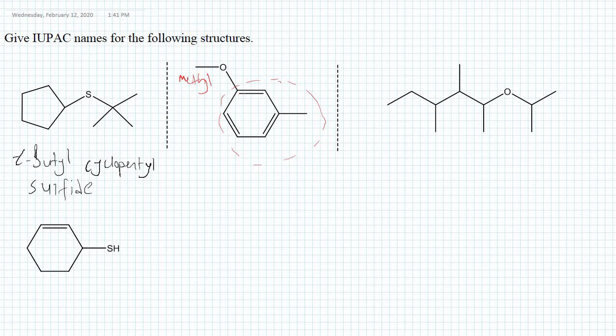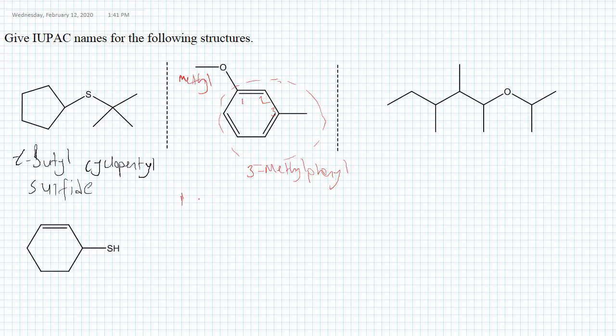So this is the first carbon, second carbon, and third carbon. Let's write 1, 2, and 3, so 3-methylphenyl. So which one do we have to go first? We have to go with methyl.